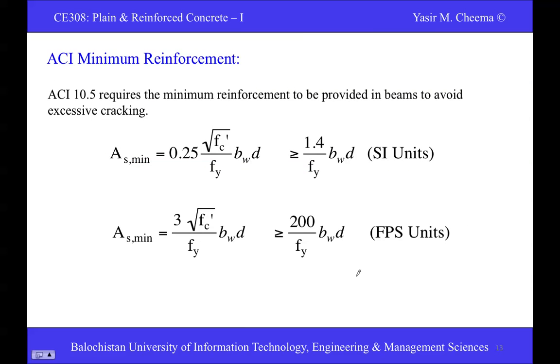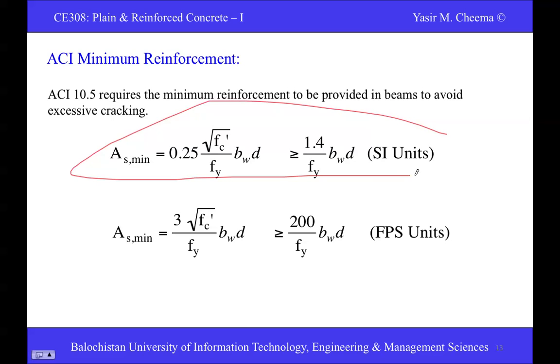ACI minimum requirement for steel area. Once we find the values of steel, make sure the values you determine are not less than these. With the ACI code requirements, you have to verify everything. Once you find the value of rho, or the balanced steel ratio, it must not be less than the minimum area of steel requirement.